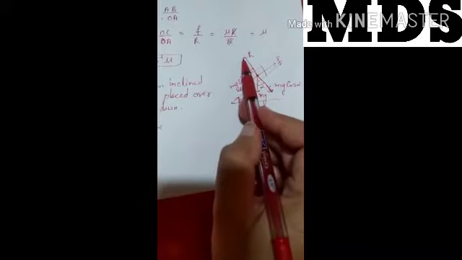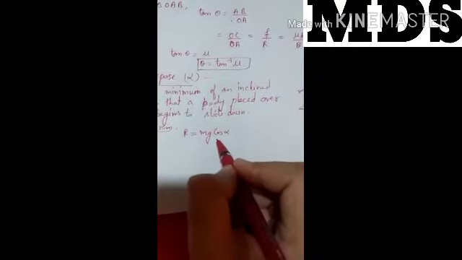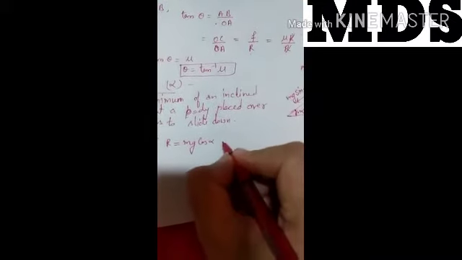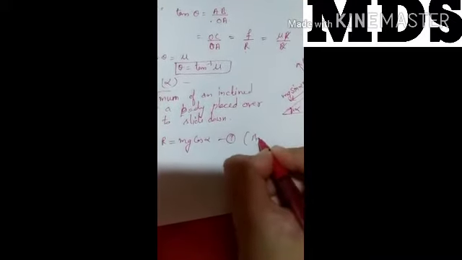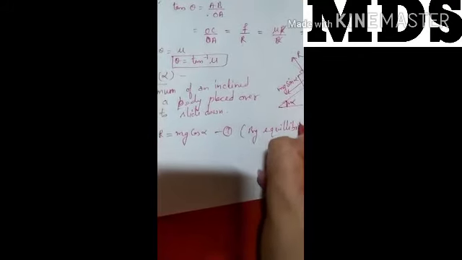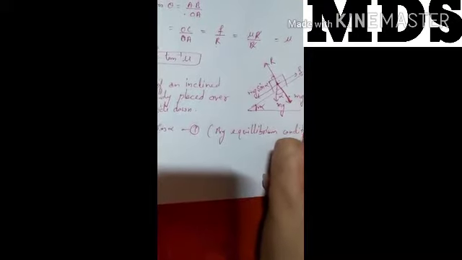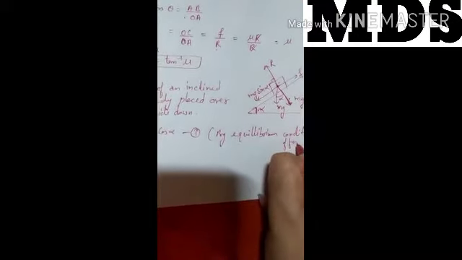One is acting vertically in this direction, so R equal to mg cos alpha. That is the first equation by the equilibrium condition of force.